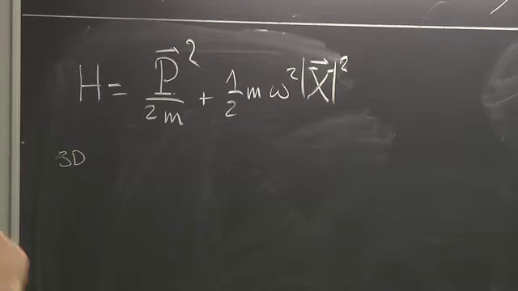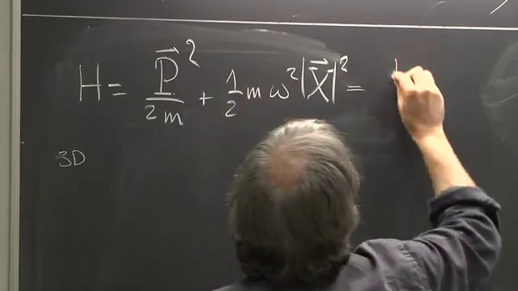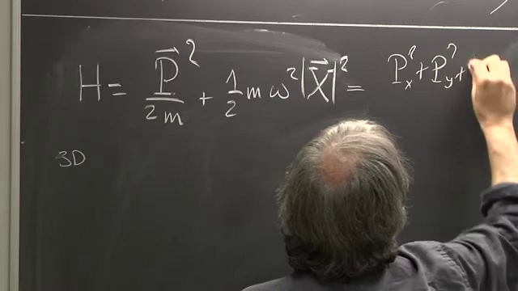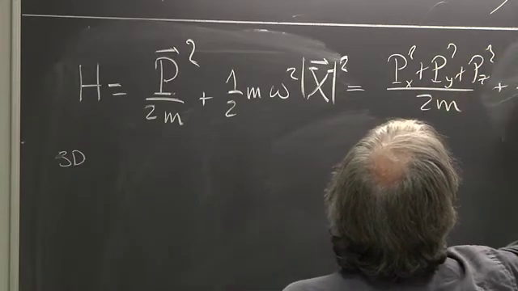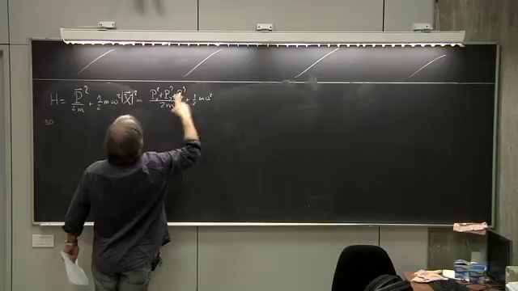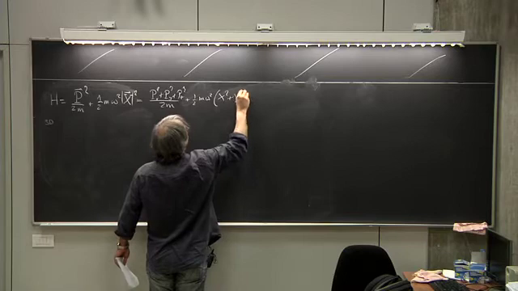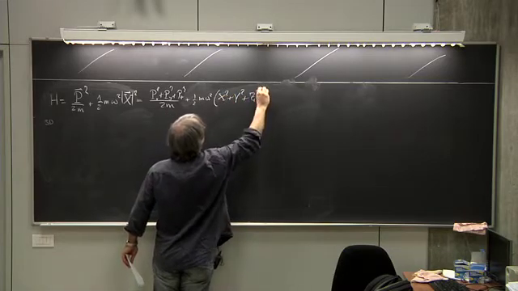Now, as you notice, this is just px squared plus py squared plus pz squared over twice the mass. And also this is a sum of, for instance, x squared plus y squared plus z squared, okay?